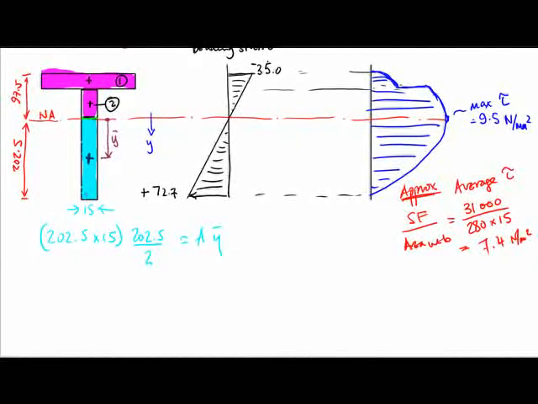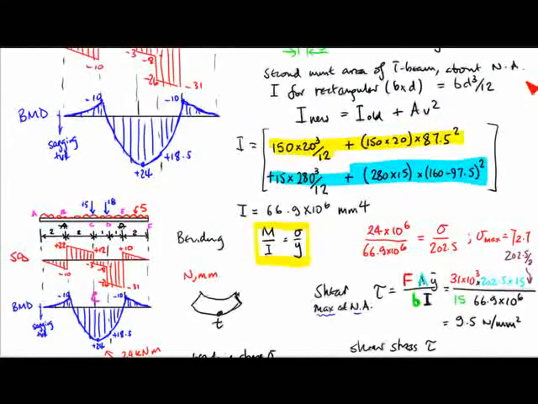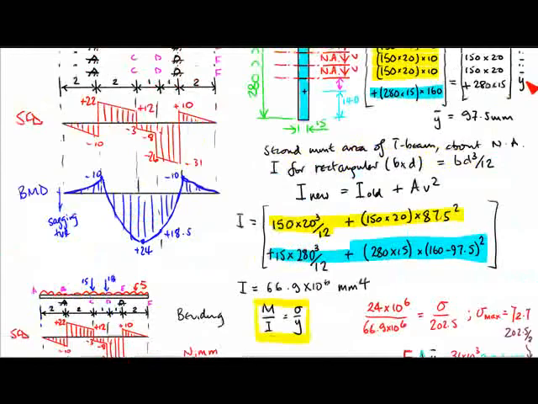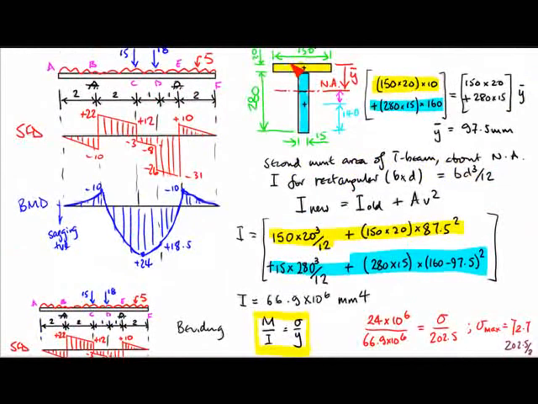The area of the top block is 150 times 20. That is the size of the flange.